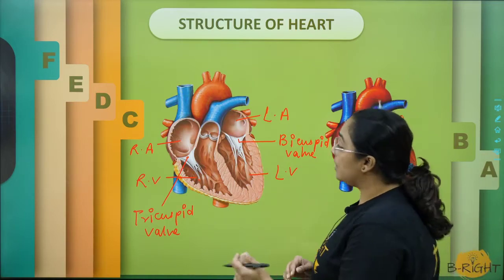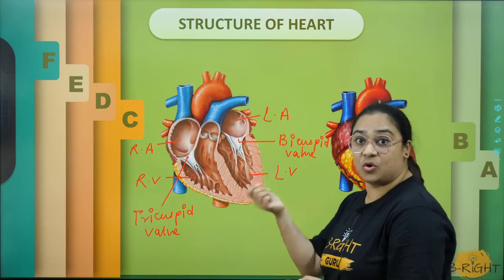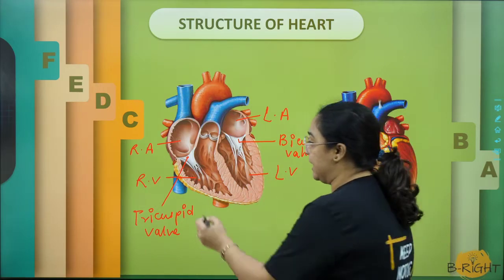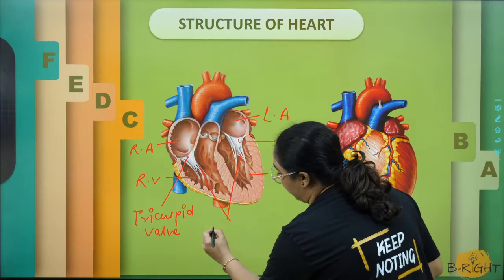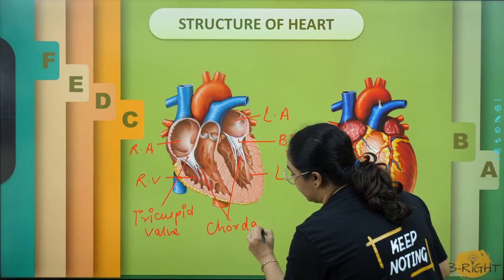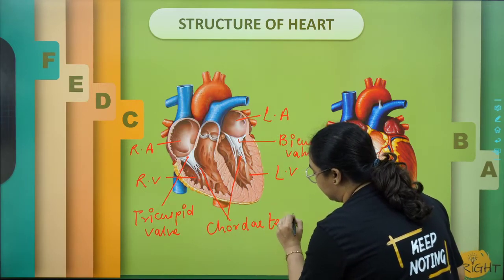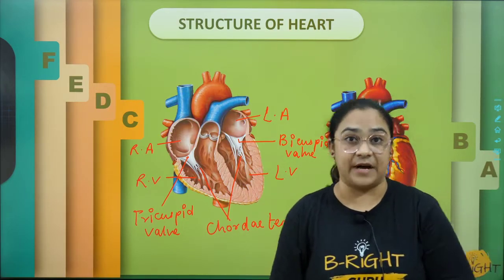Done? Now, if you see, here are these white thread-like structures which are holding the valves. What have we labeled them? As I have also taught you in the class, that is chordae tendineae. Quickly, their location and function.